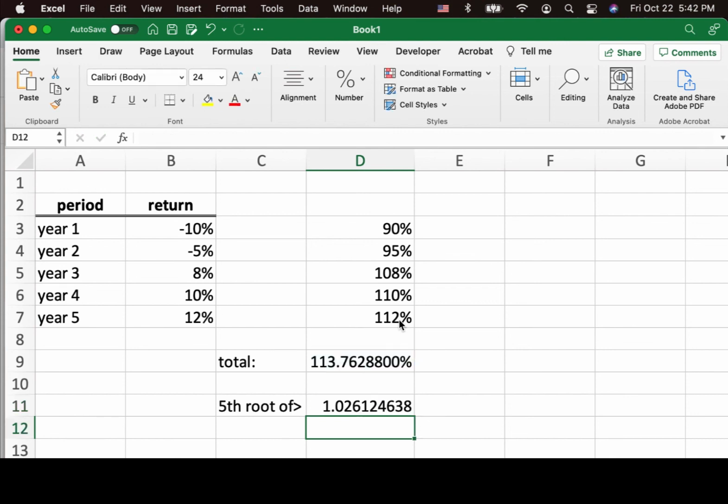So just to double check, if I go onto my calculator or in Excel here, say take that and raise it to the 5th power, we'll end up with the number that we were looking for, this 113.7% of what we started with. So we could say that the average return per year on this investment was about 2.61%.